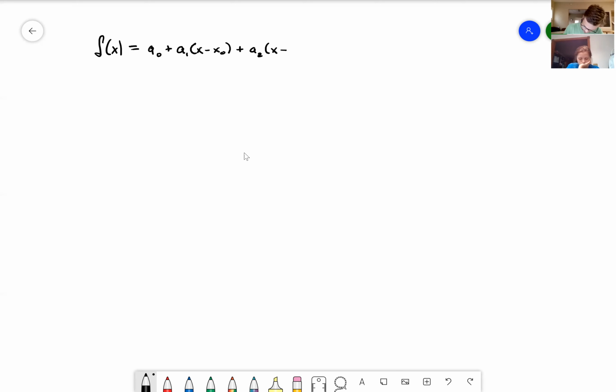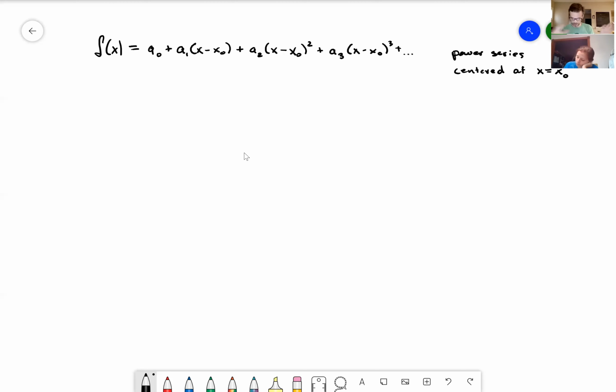This is the more general way to write this. Okay, so this is a general power series centered at x equals x0.